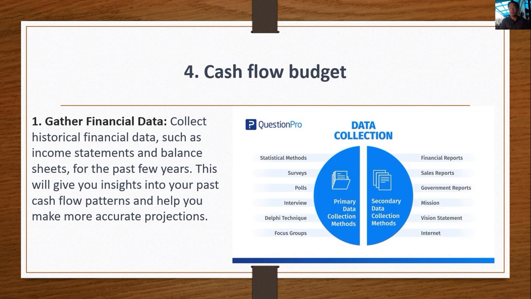Collect your historical financial data, such as your income statement, as what we have discussed earlier, and the balance sheet from your past operations in the past few years. This will give you an insight into your past cash flow pattern and help you make more accurate projections.